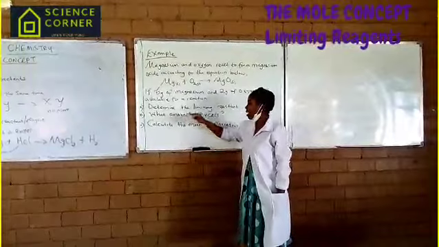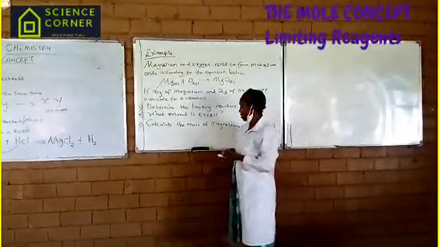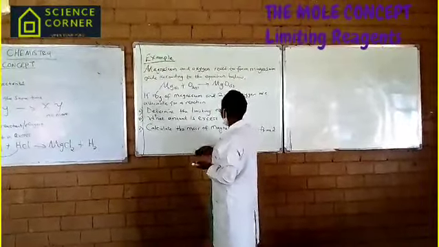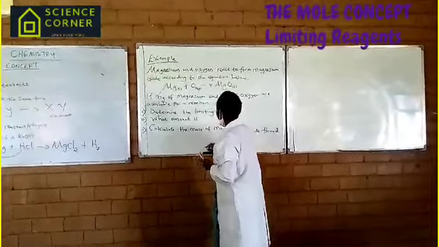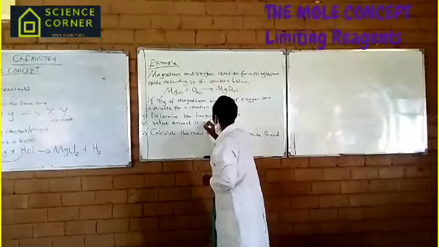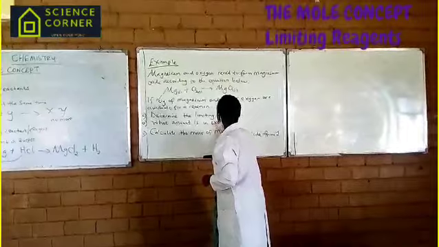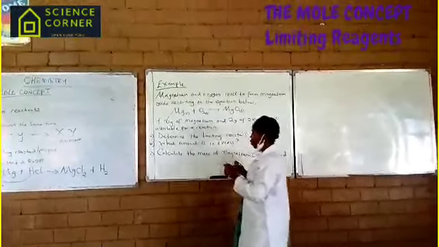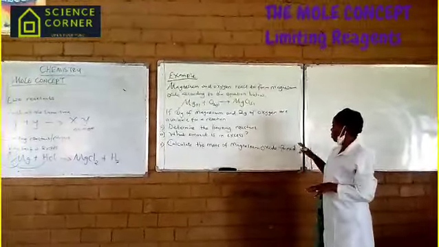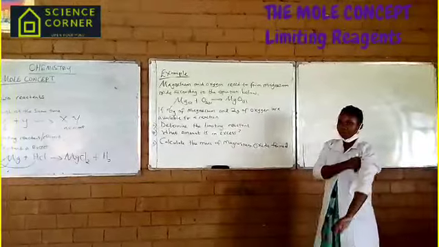Then B, what amount is in excess? Okay, what amount is in excess? Then C, you calculate the mass of magnesium oxide formed.